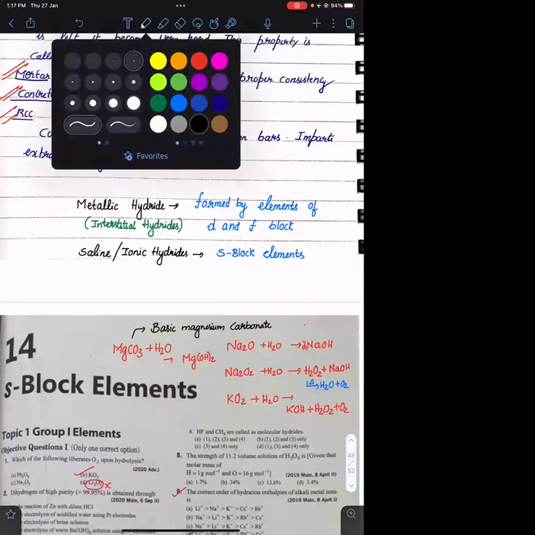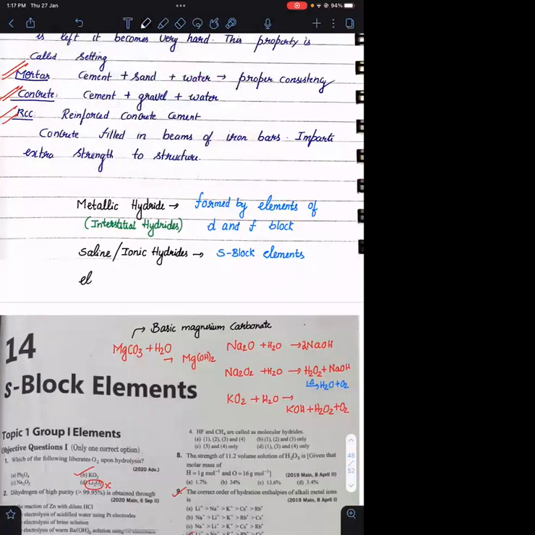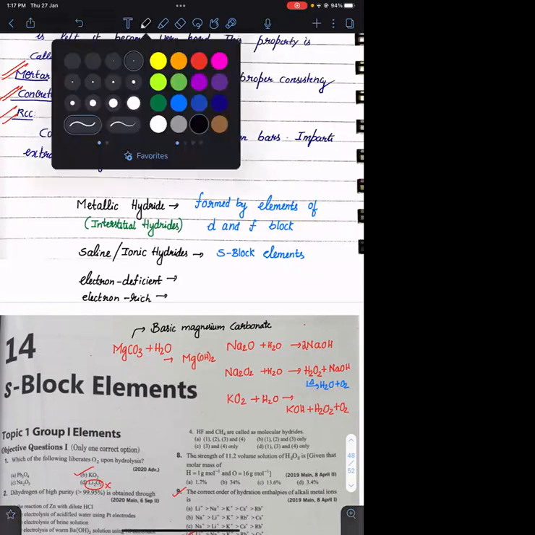If they ask about electron rich hydride, so पहले electron deficient. Okay. Then we can see about electron rich. Electron deficient hydrides कौन होंगे?